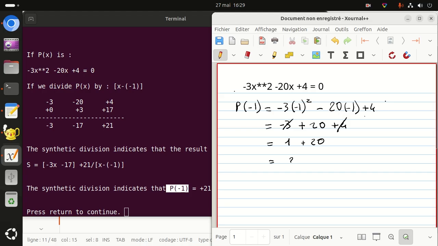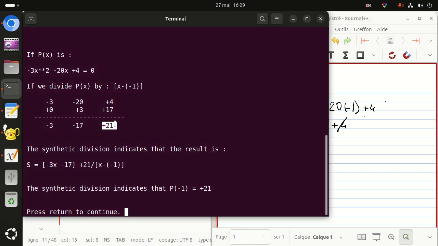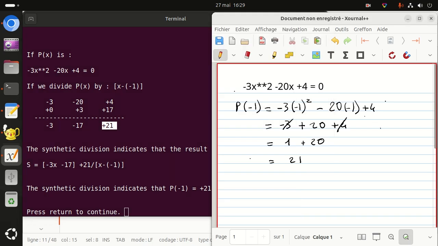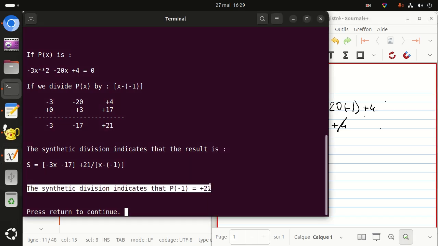This gives 21. This is the result, the remainder of the synthetic division. The synthetic division indicates that p of minus 1 equals 21.